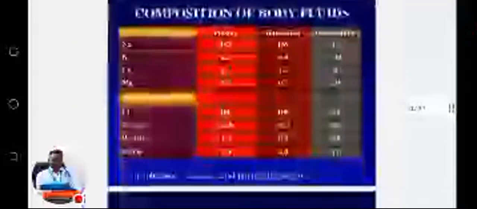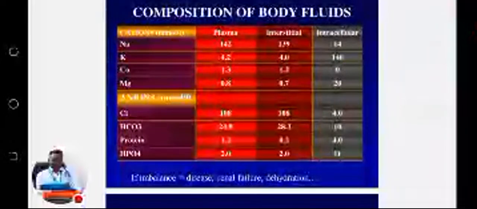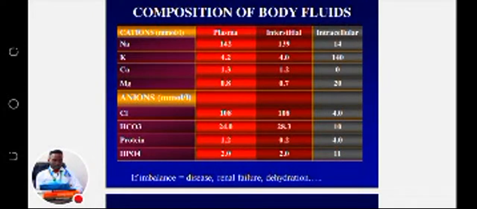All right, so now let's look at the composition of the body fluids, where we have the cations. These are the metals. The cations are measured in millimole per liter in the plasma, interstitial, as well as the intracellular matrix.